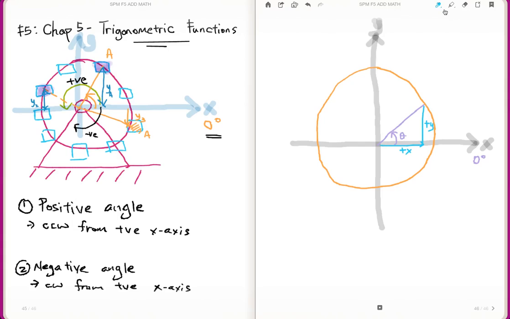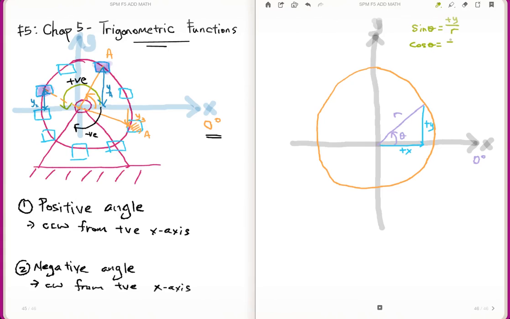This is my radius. The radius r is always the same in a circle. So no matter what, your sine theta will be opposite over hypotenuse, a positive value, positive y over r. The same goes with cos theta. Cos will be the side over hypotenuse.